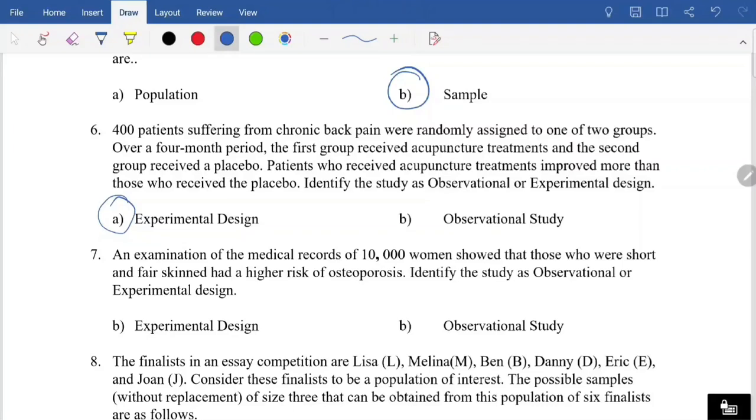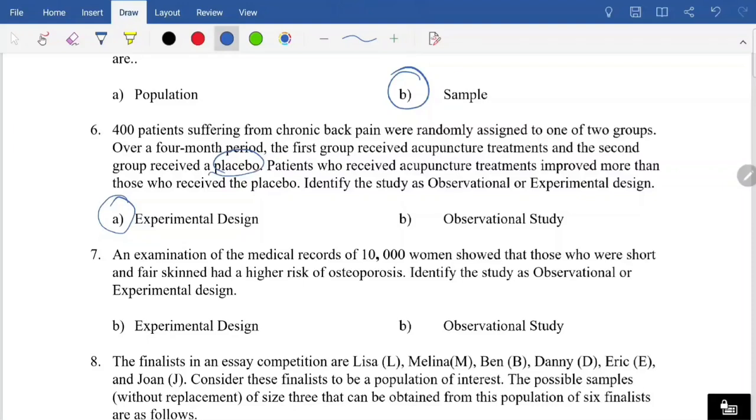They divide the sample into two groups. One is the experimental group, the other one is the control group. They administer the medication or whatever study they want to do on the experimental group, and the control group is given a placebo or a pretend medication, and then they compare the results.